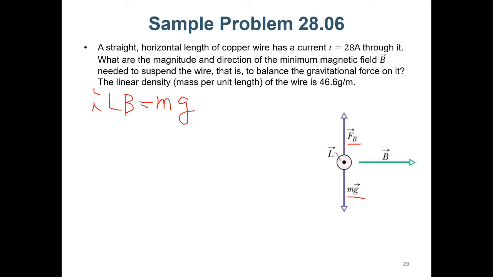Okay, so we want to find B, which is equal to mg over IL.